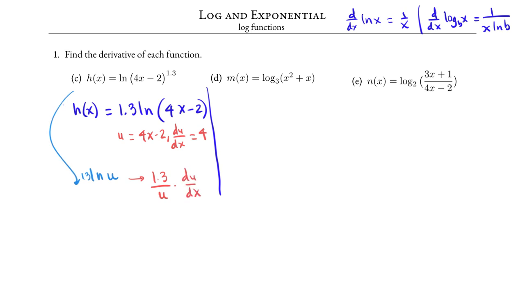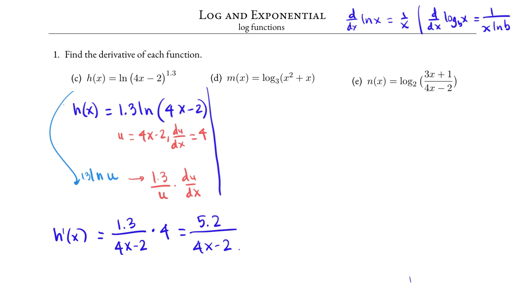Putting these together, we have h prime of x equals 1/3 over u, but u is 4x minus 2, times du dx. Du dx is 4. 4 times 1/3 is 4/3. And so the derivative is 4/3 over 4x minus 2.